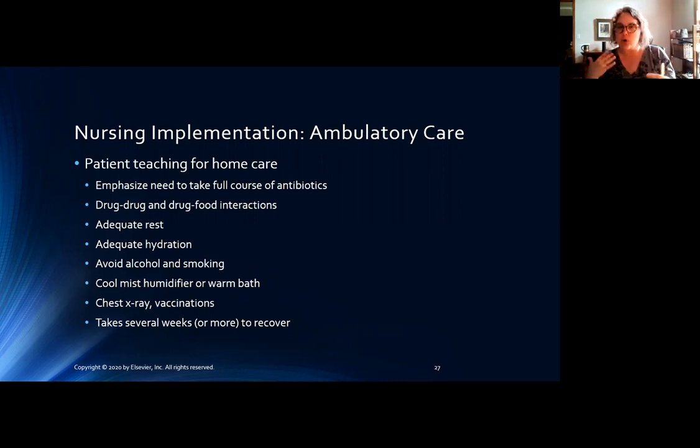Dry rooms, dry living environments sometimes exacerbate cough just by their very being. So these humidification efforts, either by warm baths or cool mist humidifiers, will help that patient reduce their cough.